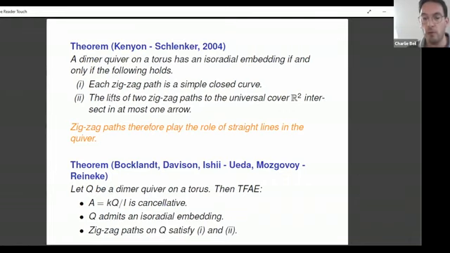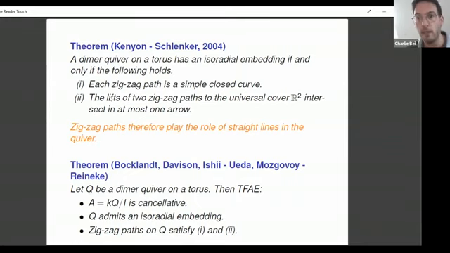So there were various people working on the same problem. And what was found was that if Q is a dimer quiver on a torus, then the following are equivalent. A: the dimer algebra of the quiver is cancelative if and only if Q admits an isoradial embedding.